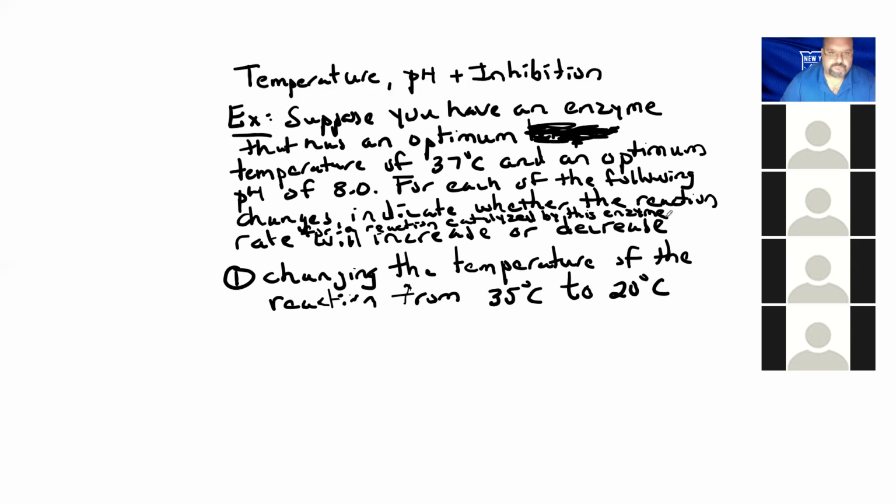Okay. Number one, changing the temperature of the reaction from 35 degrees Celsius to 20 degrees Celsius. So you have a reaction that involves this enzyme where the reaction is running at 35 degrees Celsius.